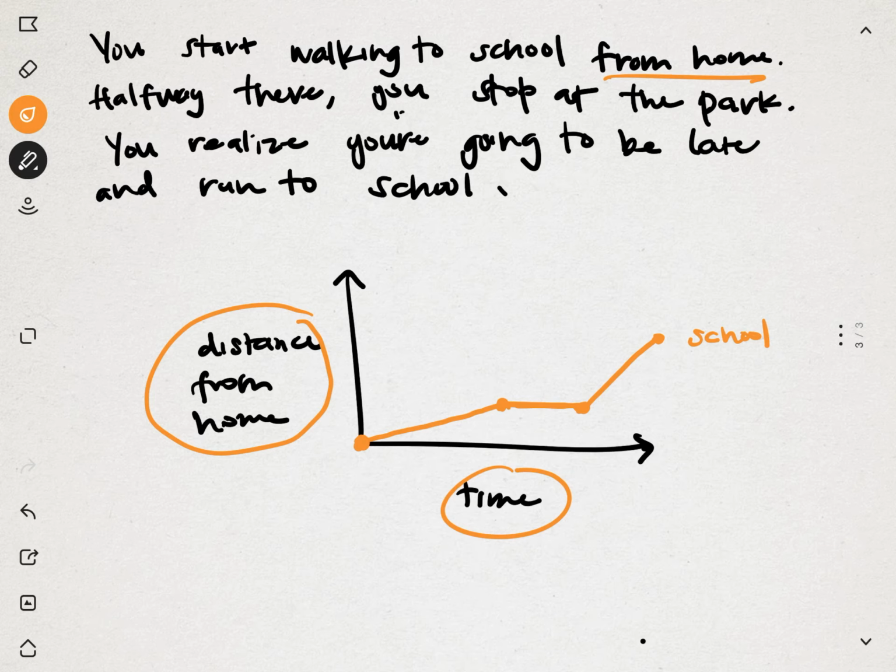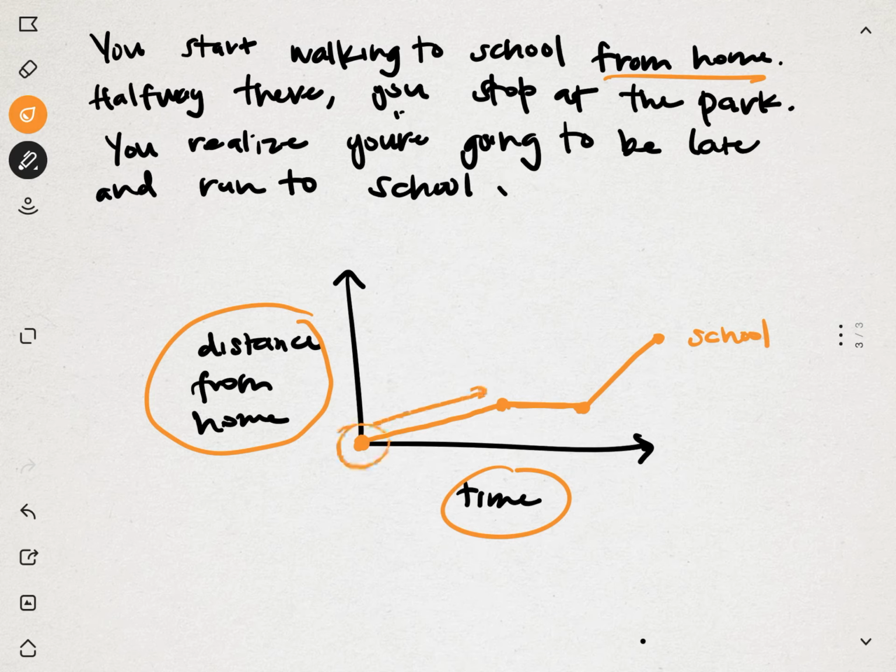Okay, so you're going to be comparing graphs and choosing the best graph depending on what the situation is. And that shouldn't be too hard. Just remember where you're starting at. In this case, we started at home, so our distance from home is 0. Then make sure that if we're getting further away, we're increasing the distance from home on this interval.